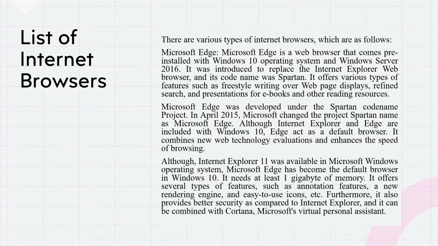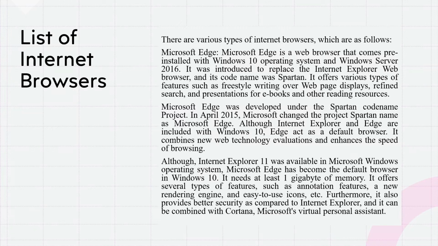List of internet browsers. What are the various types of internet browsers is something that we will be seeing in this slide. Microsoft Edge. Microsoft Edge is a web browser that comes pre-installed with the Windows 10 operating system and Windows Server 2016. It was introduced to replace the Internet Explorer web browser and its code name was Spartan.